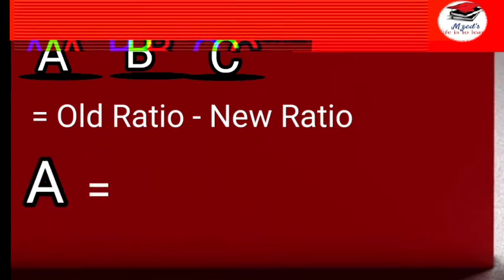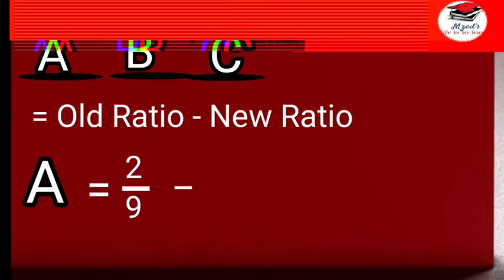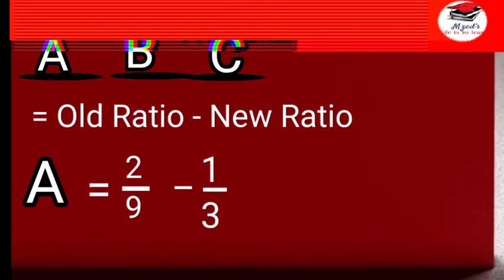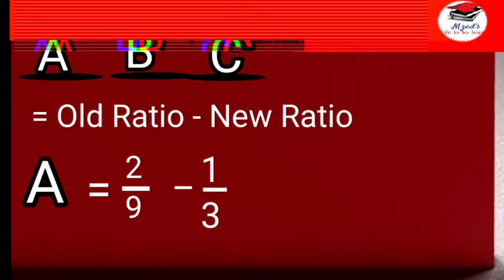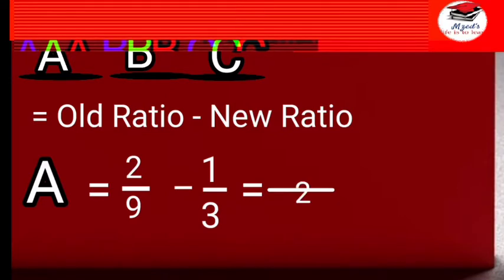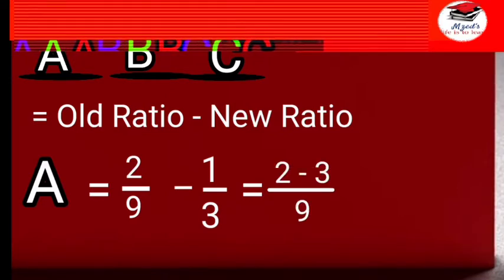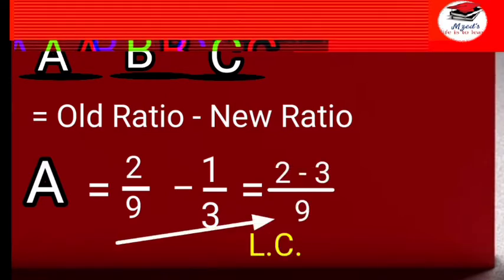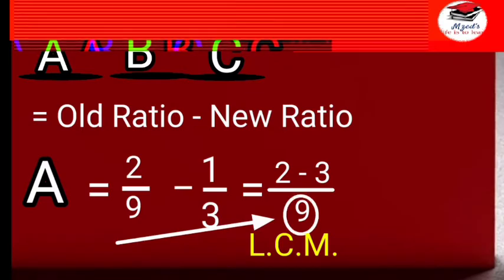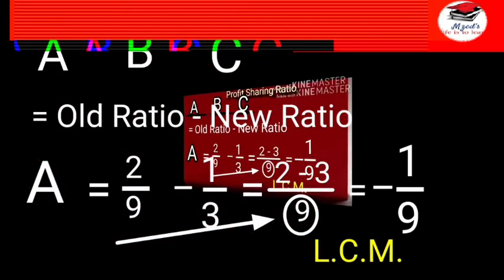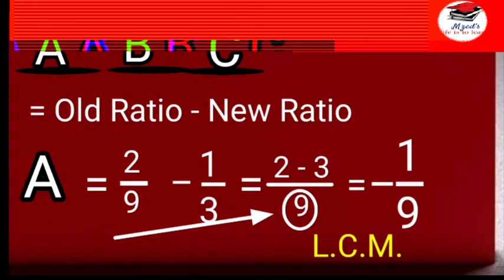Okay, so we will see the example of A's share. A's old ratio was 2/9 and new ratio was 1/3. That will be subtracted. First thing we will have to do is take the LCM, that is 9, and the answer will be 2 minus 3, that is minus 1/9. How does it come?